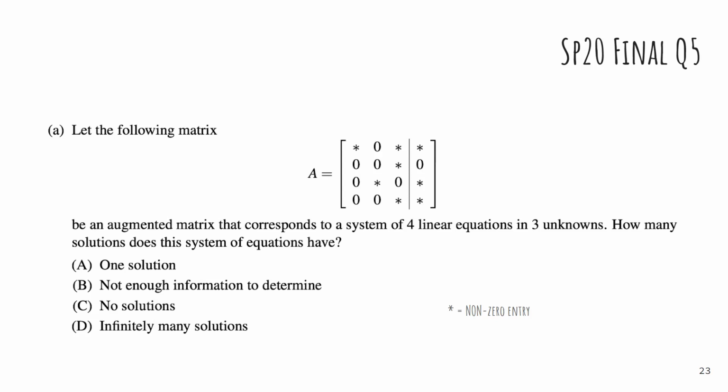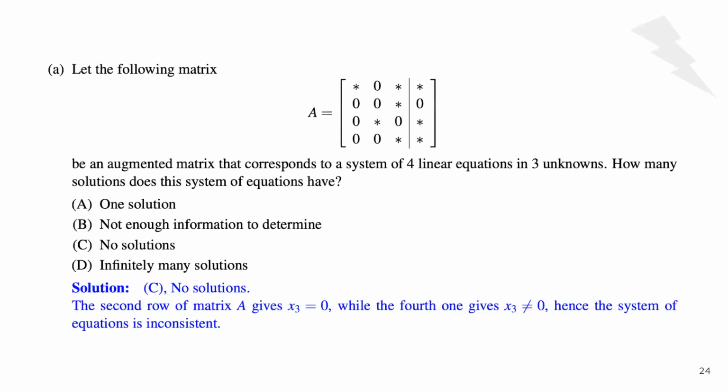So for this question, the way to go about it is to look at what each of these rows tells us. You'll see that in this form, our row 2 and our row 4 are almost entirely equivalent. There's a star on our third column for both rows, but the solution for row 2 is 0, and for row 4 it is another star.